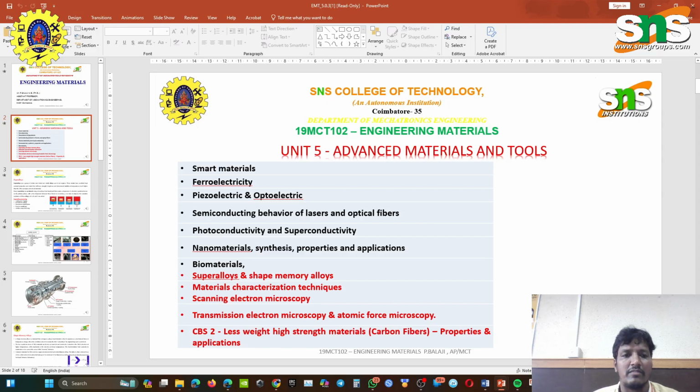Like smart materials, ferroelectricity, optoelectricity, semiconducting behavior of lasers and optical fibers, then photoconductivity, superconductivity, nanomaterials, biomaterials, shape memory alloys, and some scanning microscopes.